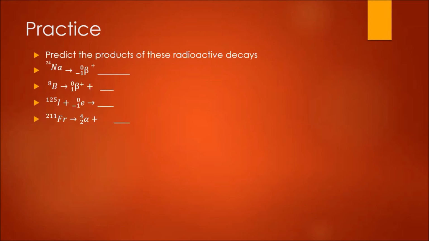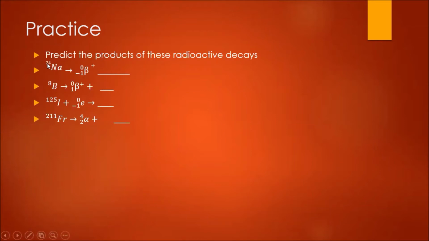With a negative on the right and a straight 11 on the left, we must have -1 plus 12, meaning it's going to move from sodium to magnesium.